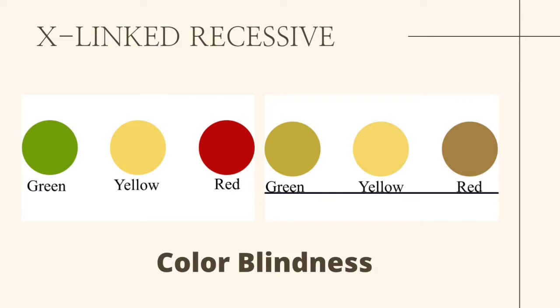Katulad nga ng sinabi ko sa inyo kanina, so masasabi natin na ang individual has color blindness kapag hindi niya clearly nakikita yung color green, yung color red, at color blue. That is color blindness. Okay? So that is X-linked recessive example.